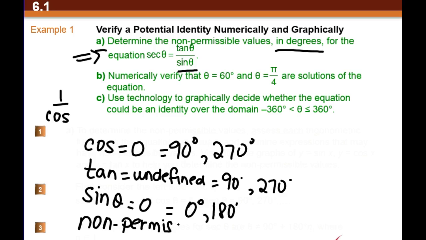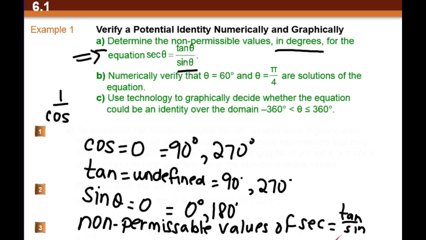non-permissible values of secant equals tan over sine is, oh, and I'm running out of room, this is the angle symbol, cannot equal 90 degrees n.